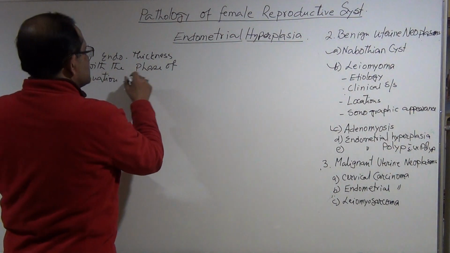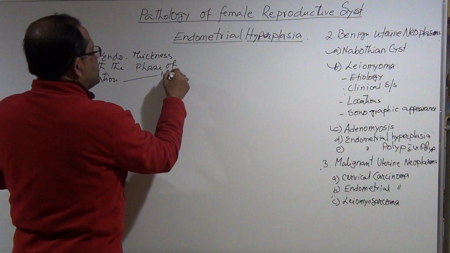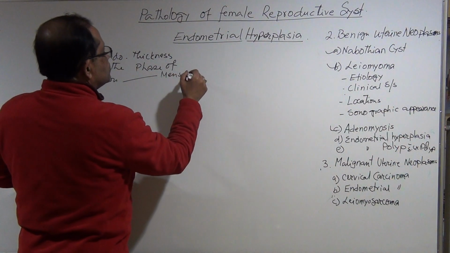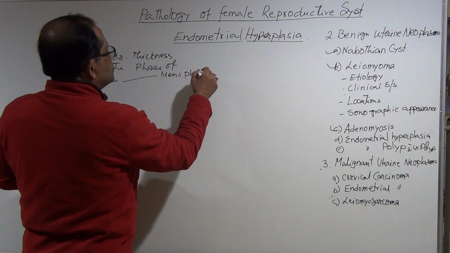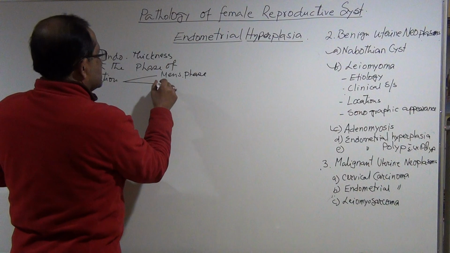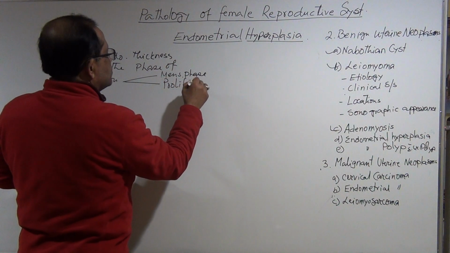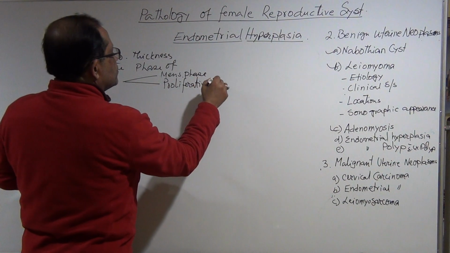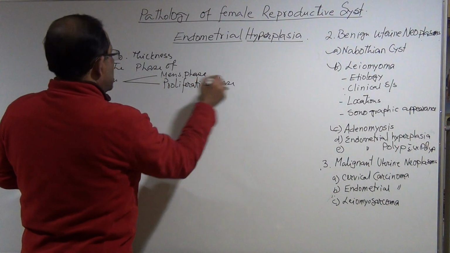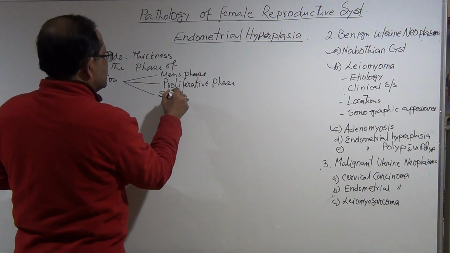There are three phases. One is the menstrual phase, another is proliferative phase, another is secretory phase.